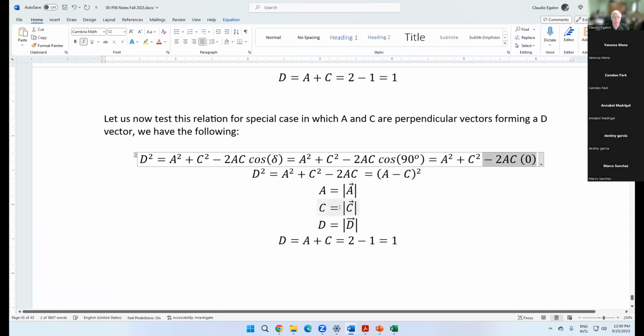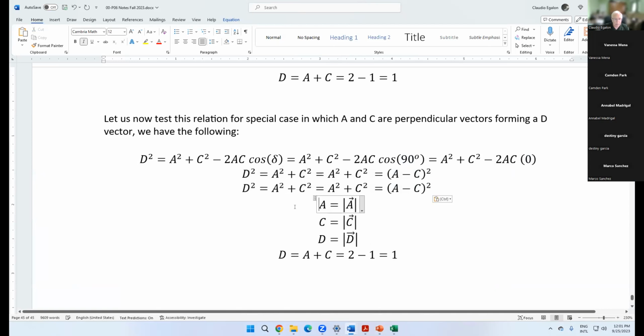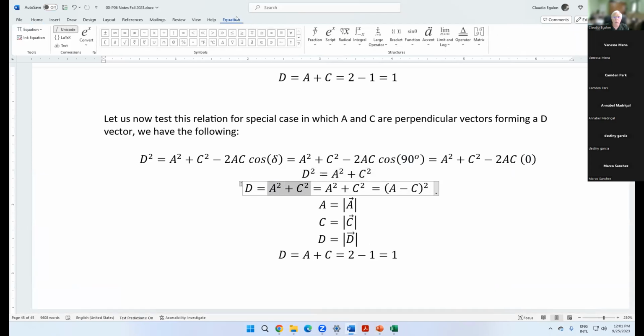Consequently, this term disappears, and we get the Pythagorean theorem. We get the Pythagorean theorem. This one is erased, square root here.